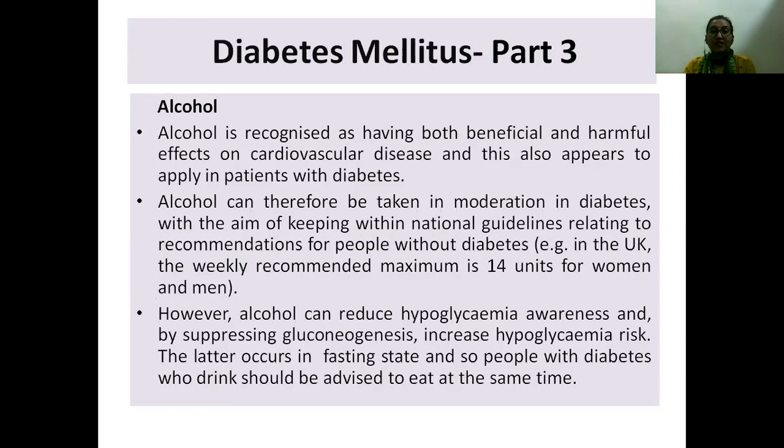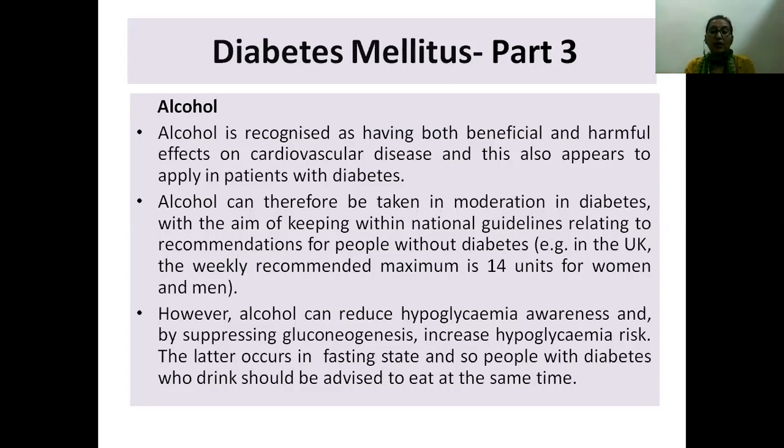Now, alcohol is recognized as having both beneficial and harmful effects on cardiovascular disease, and this also appears to apply in patients with diabetes. Alcohol can therefore be taken in moderation in diabetes, keeping to the national guidelines for people without diabetes. For example, in the UK, the weekly recommended maximum is 14 units for men and women.